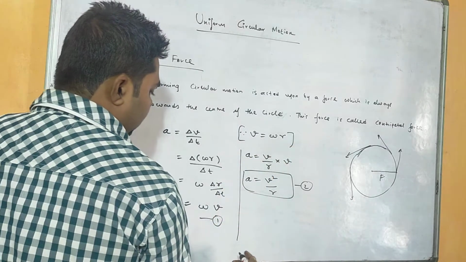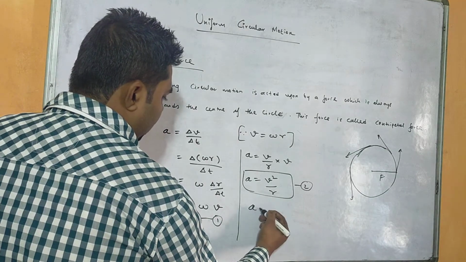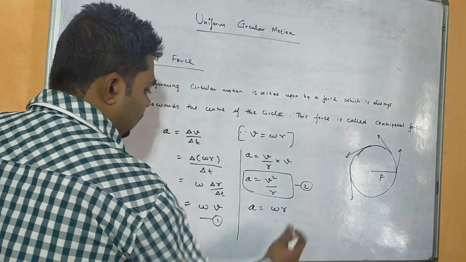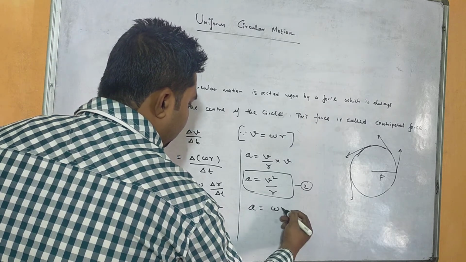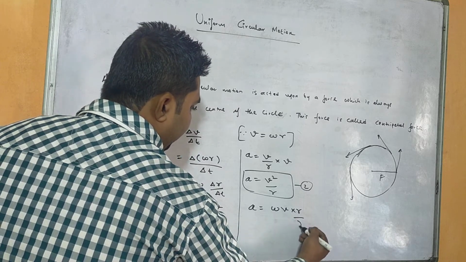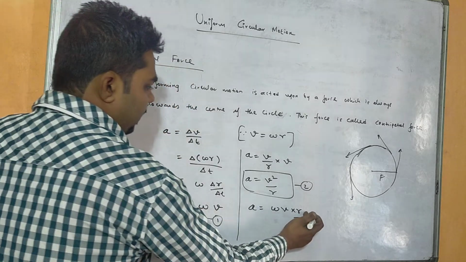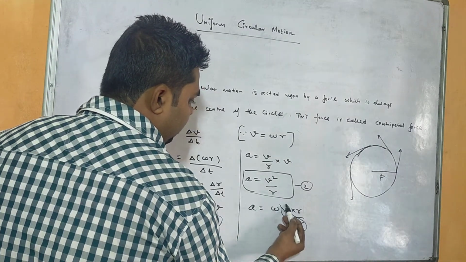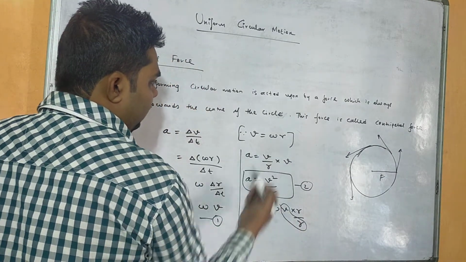We can get another equation here. a equals omega v. If I multiply this by r and divide by r, then when I multiply v by r, what is it? It is omega.